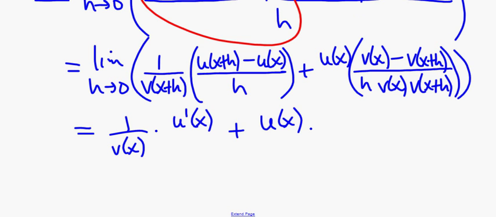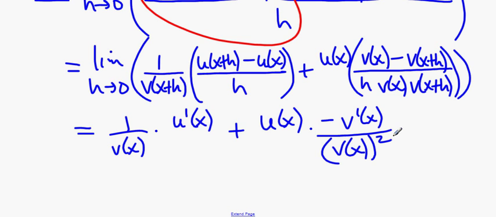Well, this looks like the negative of v prime. And that is, in fact, what it is. It's the negative of v prime. So over v of x plus, getting close to 0, v of x squared.